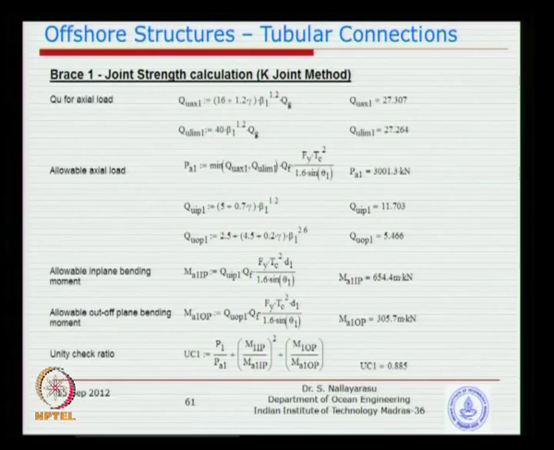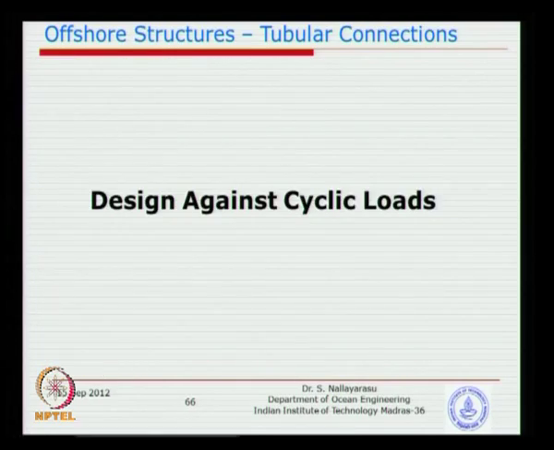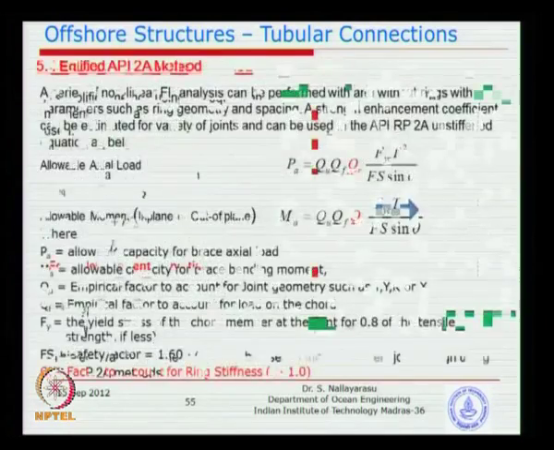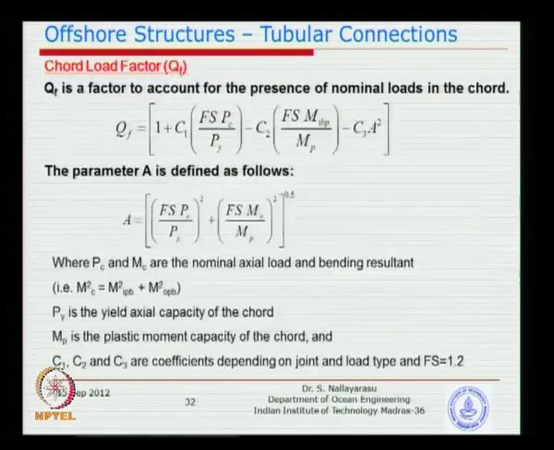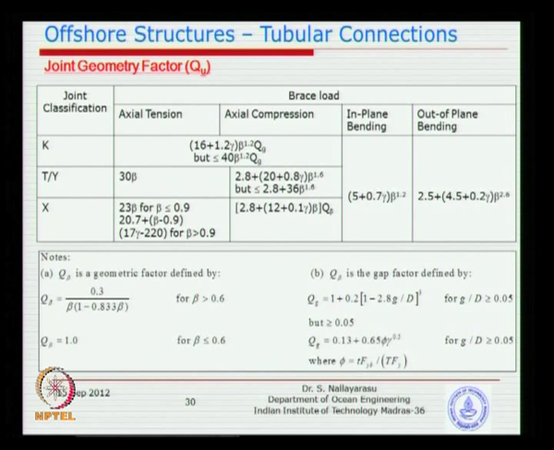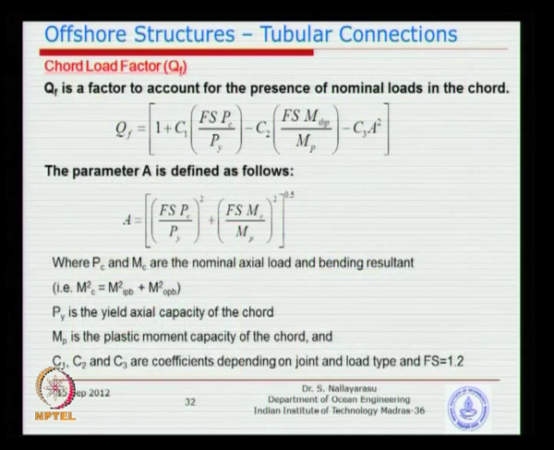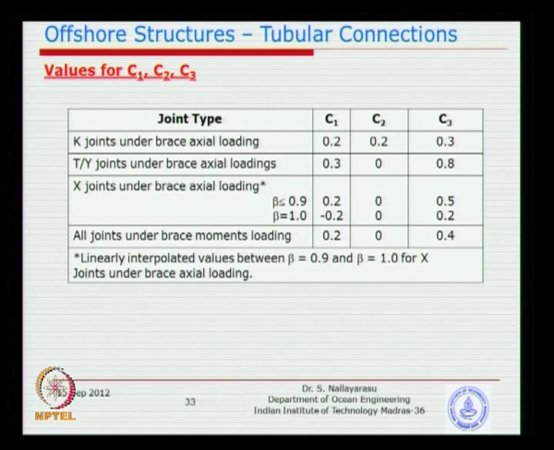Now, from the examination point of view, this table for tubular joint design will be given. It contains only the information regarding QU, and these equations will be given. You do not need to memorize them. When I give this equation I will give you this table, because there is no point in memorizing these numerical values.